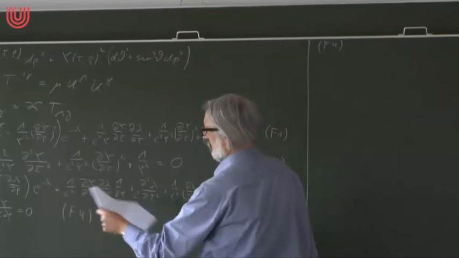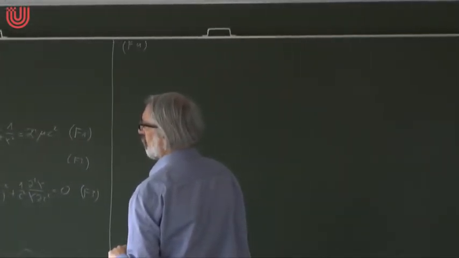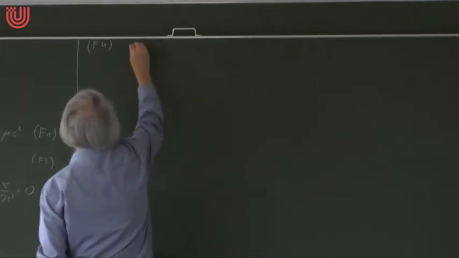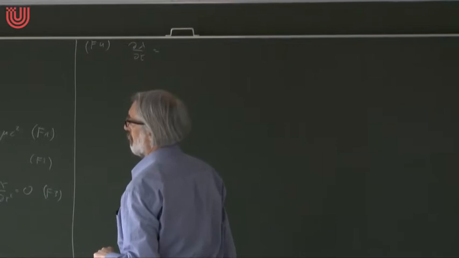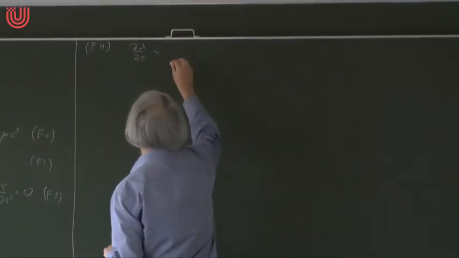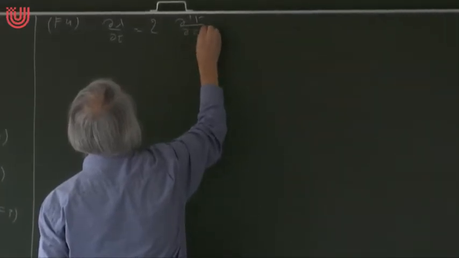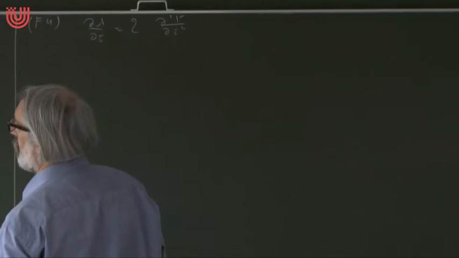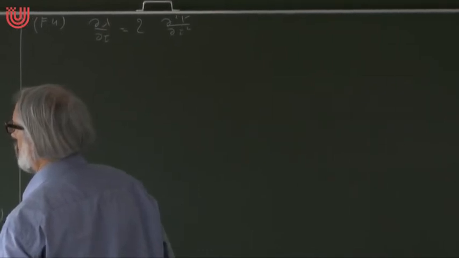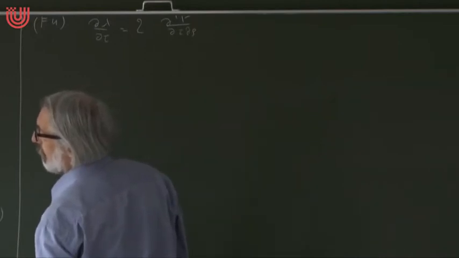So we multiply with c times y, and then we solve for d lambda d tau. What do we get? D lambda d tau is 2 times the second derivative with respect to tau of the mixed derivative, d tau d rho, divided by dy d rho.